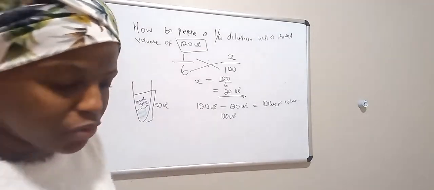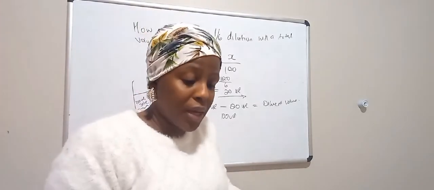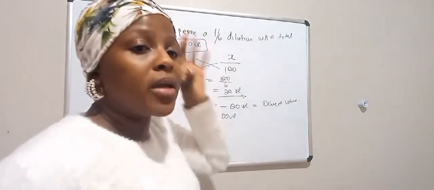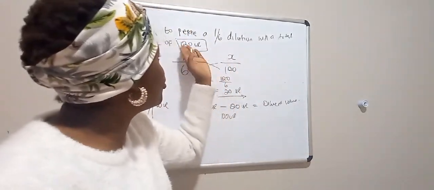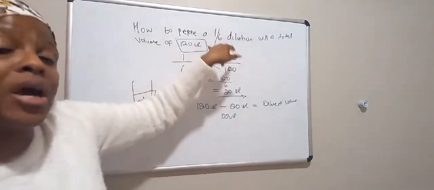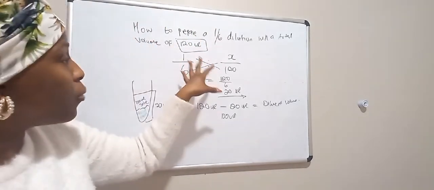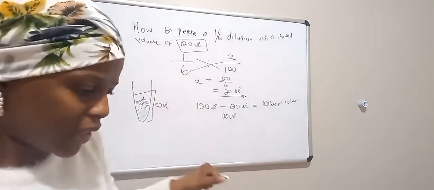So now you have answered how you are going to prepare this dilution, taking into consideration the final volume that you are given. Your total volume can never be greater or less than that, because they are specific on how much you must have at the end.